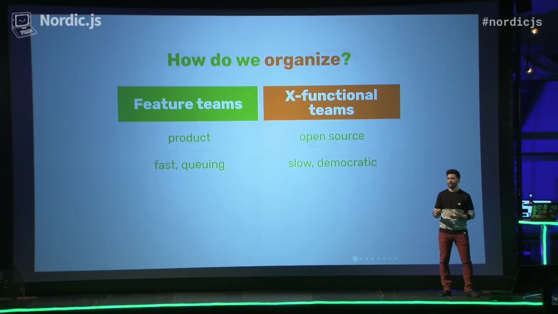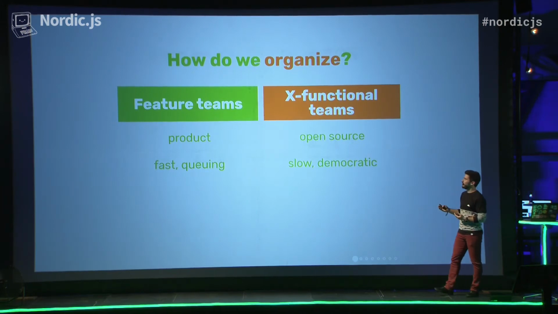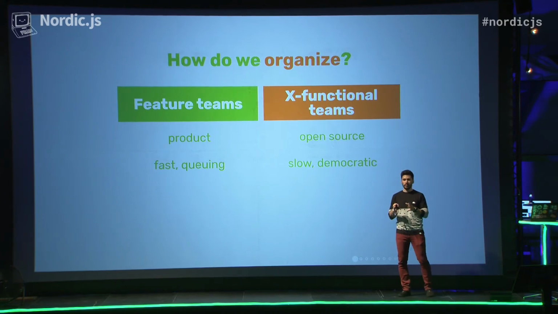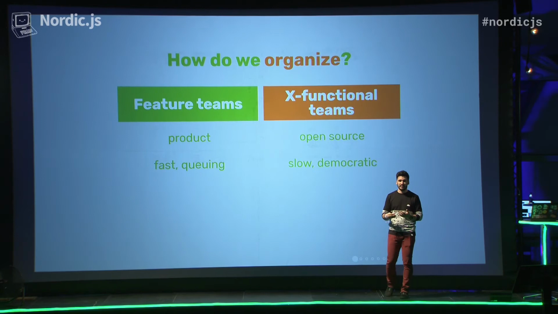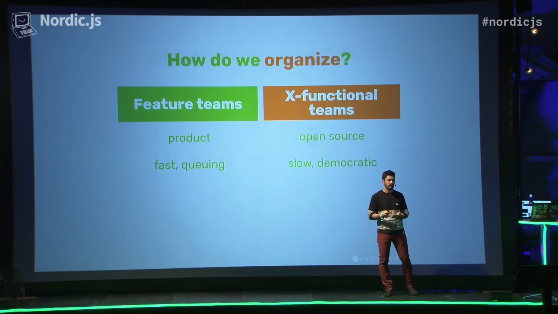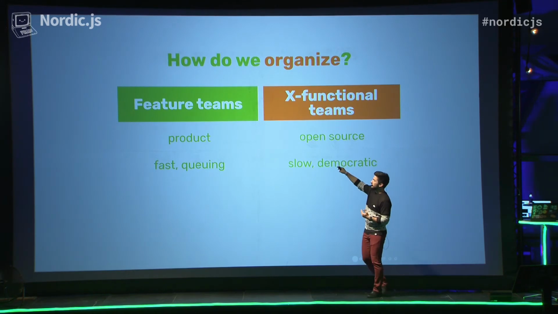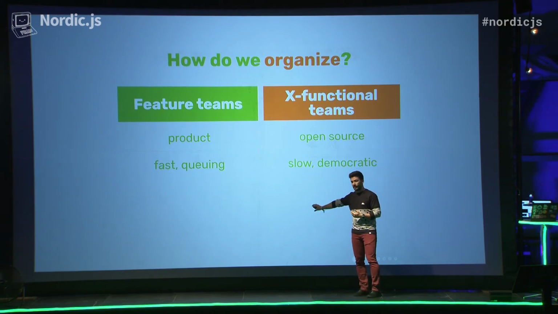Another interesting aspect of these is how the work goes. So when you have feature teams, they only work on one code base, so they are obviously really fast. They can ship a product in no time. But the problem is there's queuing, because all of the front-end teams depend on the team that's developing the common.